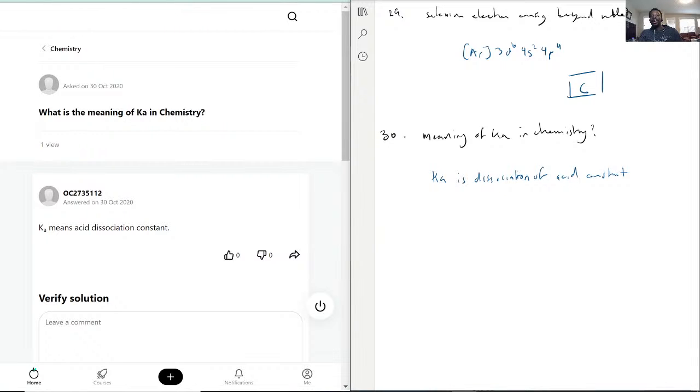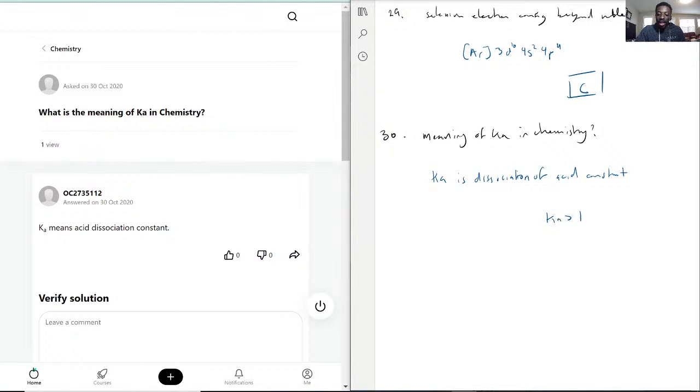To explain further though, what that means is that if you put an acid in solution, Ka is a representation of how much that acid will separate into its cation and anion. That's it.